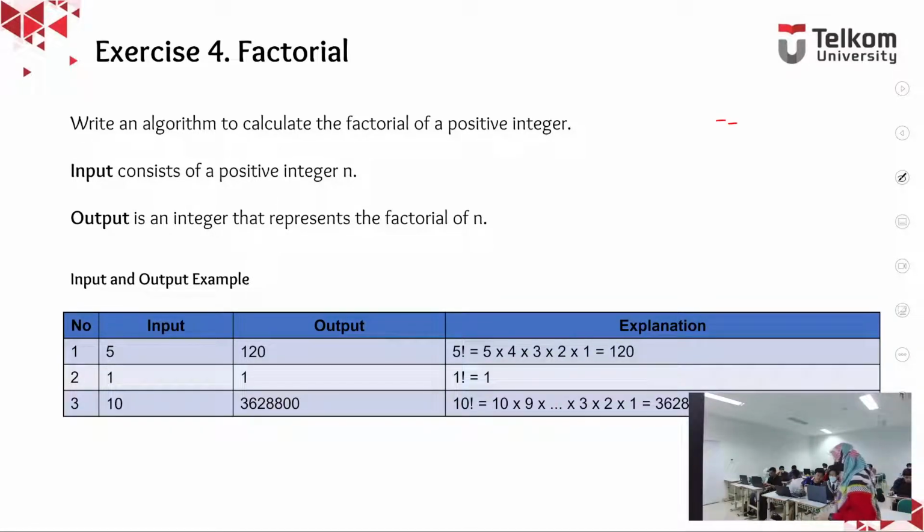If it increases, you can use it like this, for example, for i equal to 5, 10, down to 1. If you want to have a decreasing order, you can use down to.